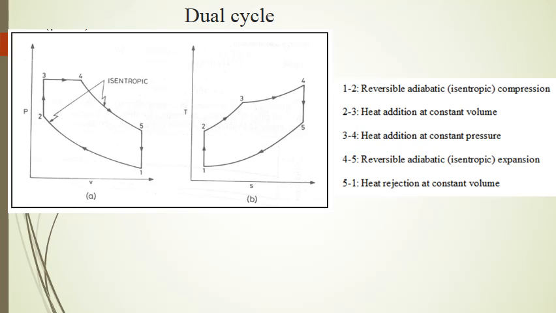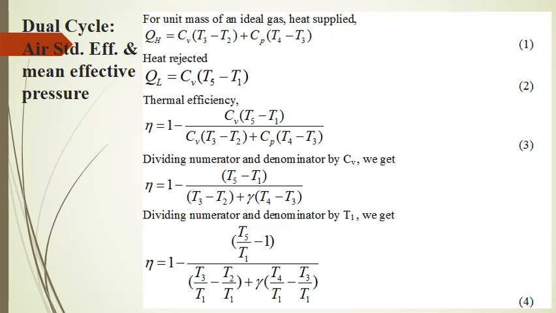Then reversible adiabatic or isentropic expansion of the working substance is taking place, and finally heat is rejected at constant volume. So all the processes have been shown on the TS diagram. The isentropic processes have been shown by vertical lines, whereas constant pressure and constant volume curves have been shown by inclined curves. So the constant volume curve is having more slope than the constant pressure process. That is evident on the TS diagram.